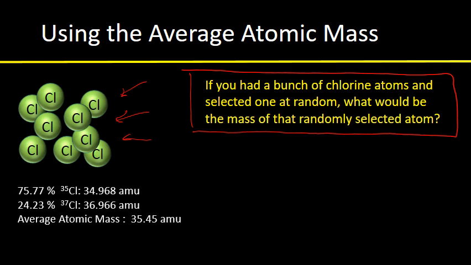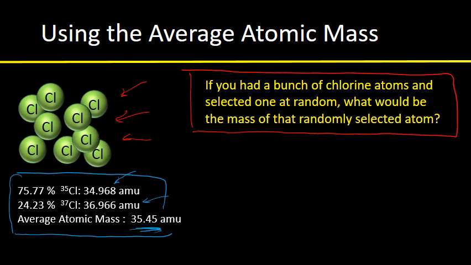Let's remind ourselves of the calculations we just did: 75.77% are chlorine 35s with this mass, and 24.23% are chlorine 37 atoms which have this mass. And the average is 35.45.